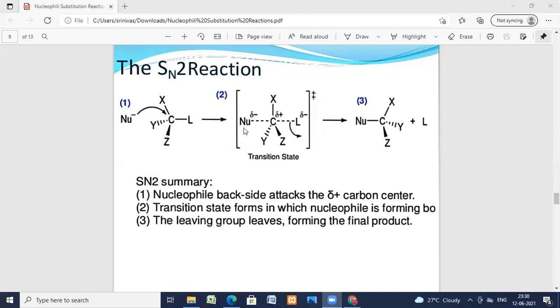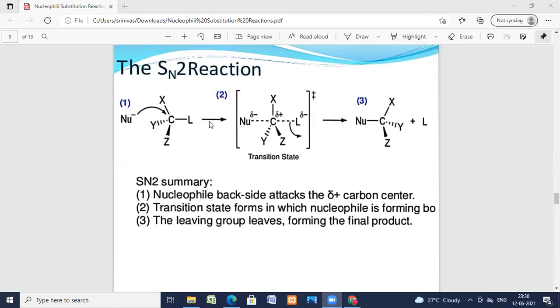And further, if you see this transition state, there is simultaneous bond cleavage and bond formation. And later, the bond is broken and the bond is formed.